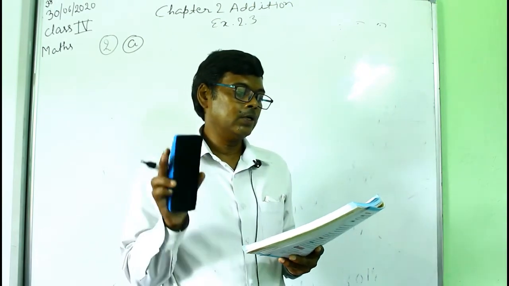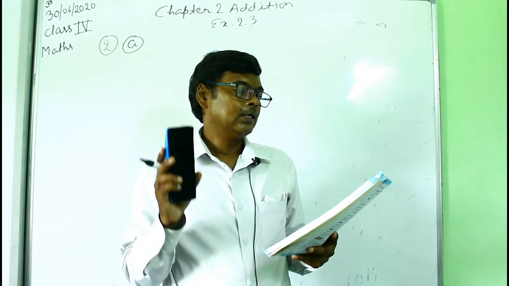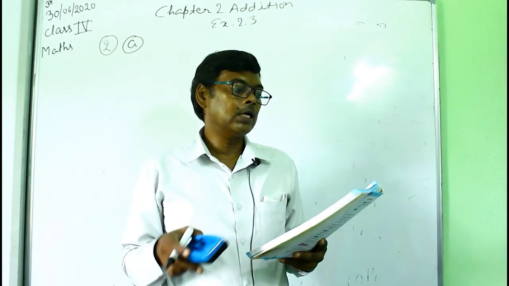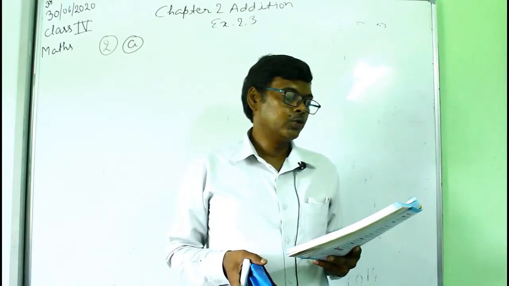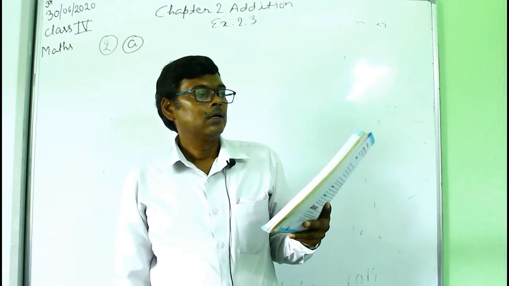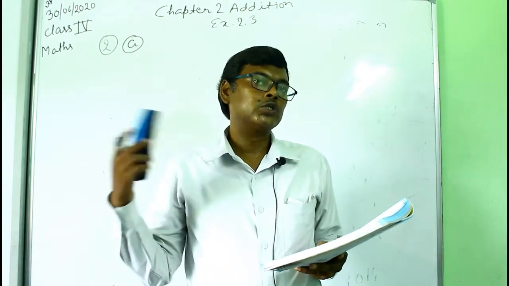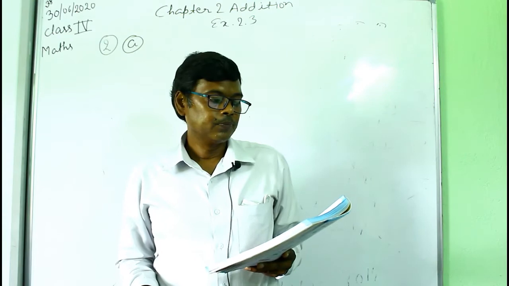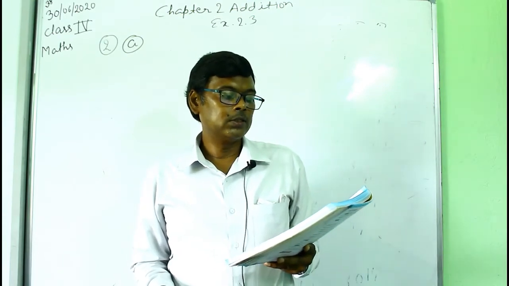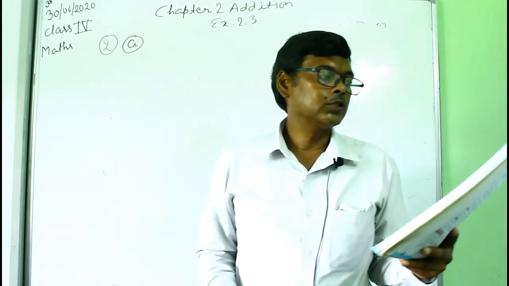But here only 2 things are required. What is in this question? There is a school, Rita's school, and in that school there are 20,356 students. And there is Saroj's school, and in that school the number of students is 12,145. So how many students are there?